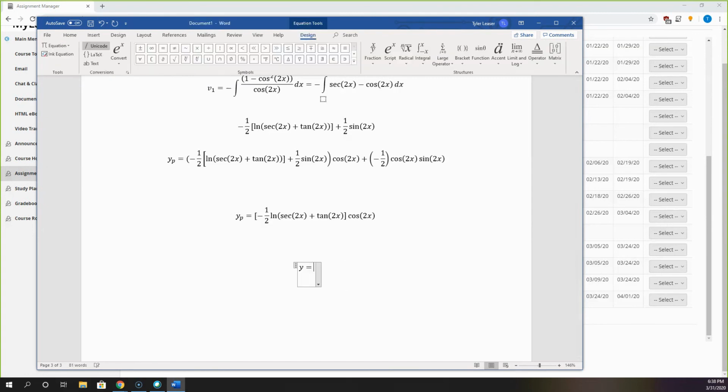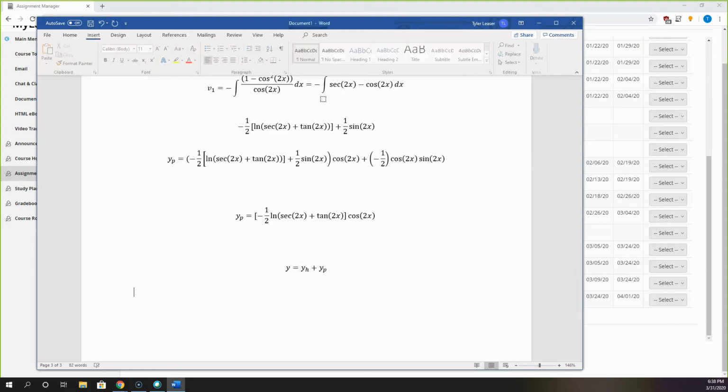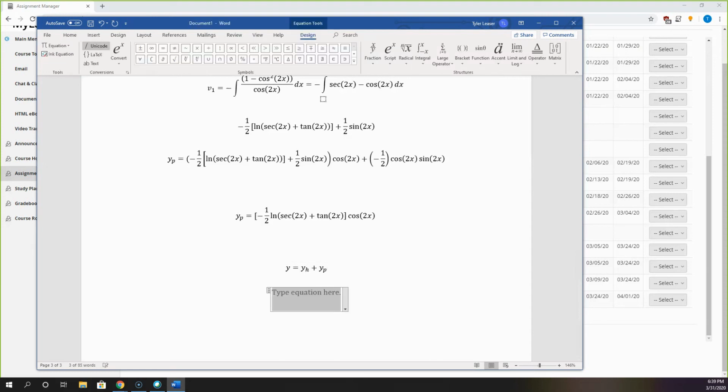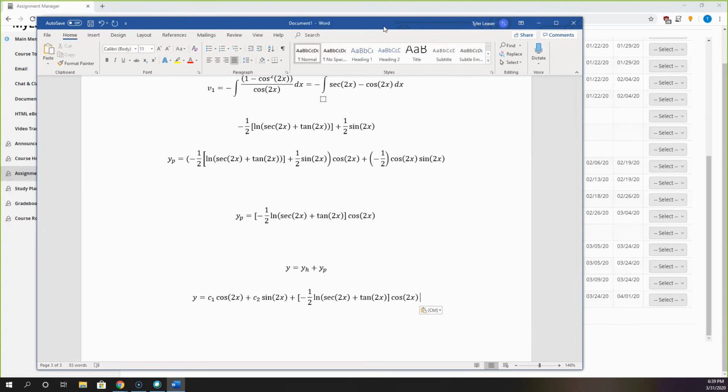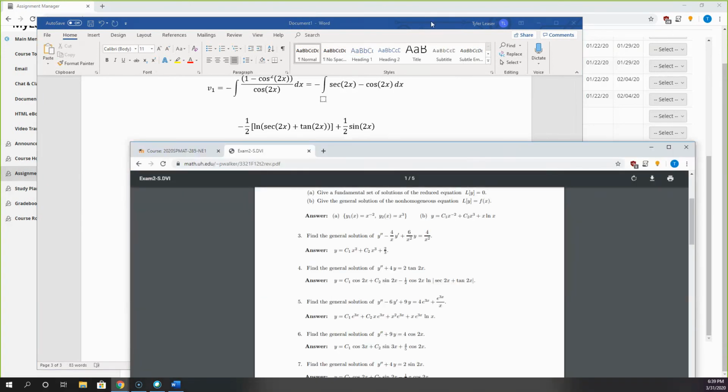So we have our homogeneous chunk and then this chunk too. That means adding those two things together. So that's C1 cosine 2x plus C2 sine 2x. That's the homogeneous stuff. Plus this thing.